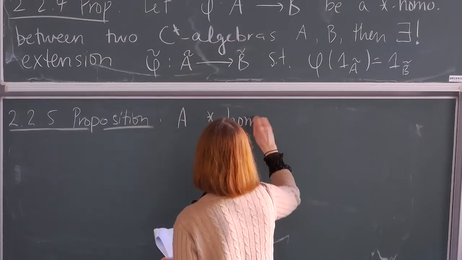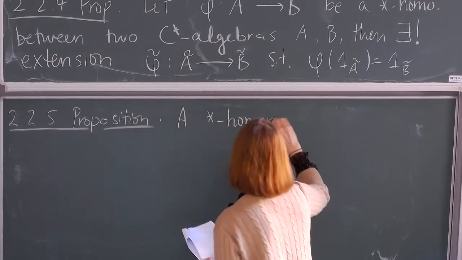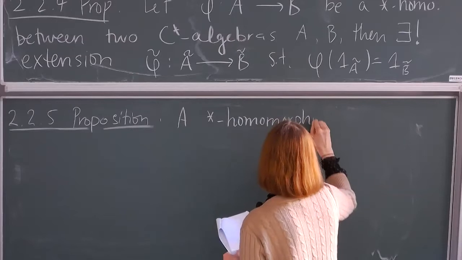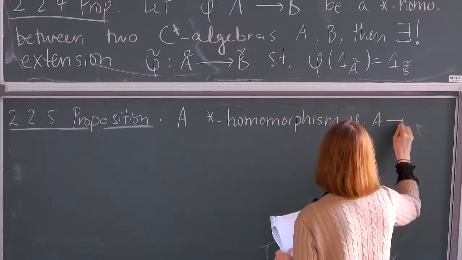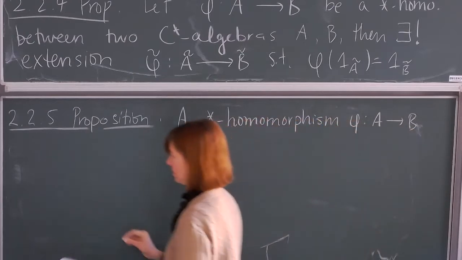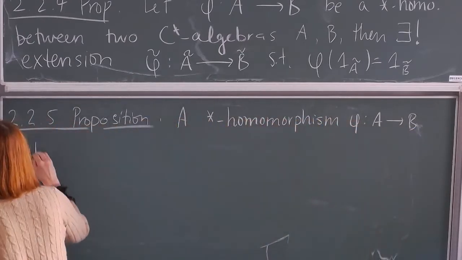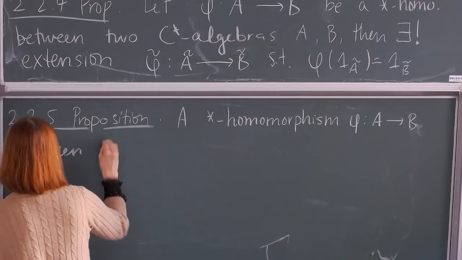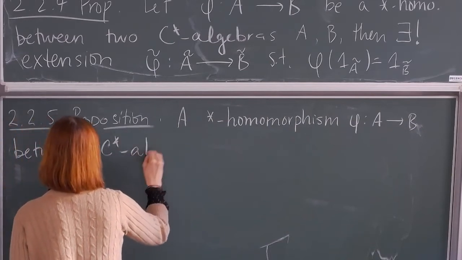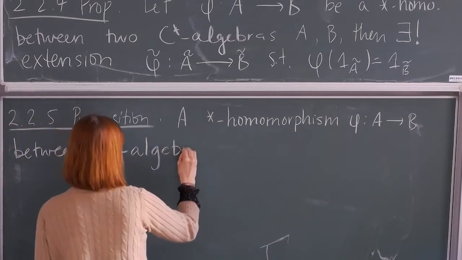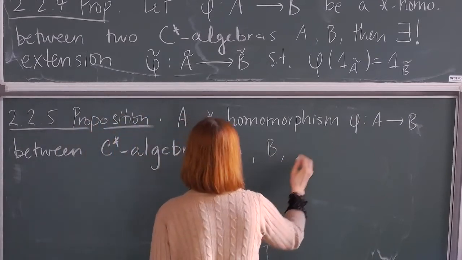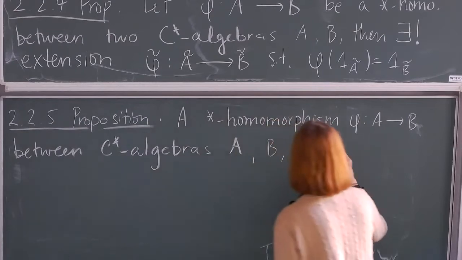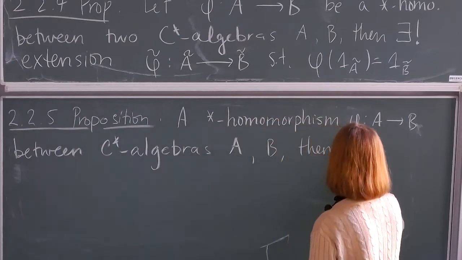So we have a star homomorphism phi from A to B. Then it's automatically norm decreasing.